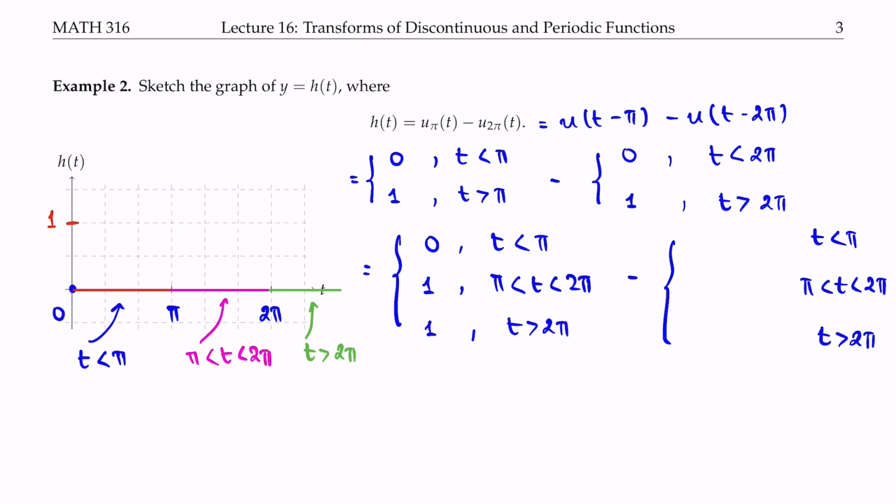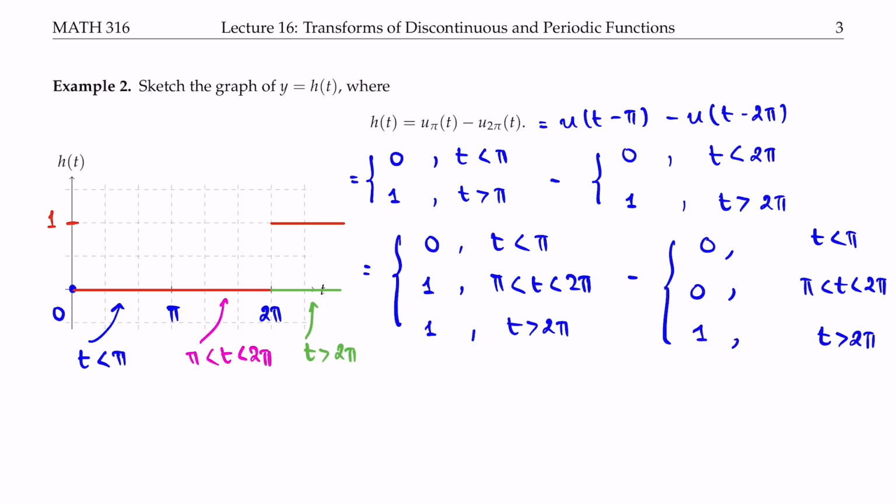When t is less than pi, the function is 0. In the interval between pi and 2 pi, the function is also equal to 0. And when t is greater than 2 pi, the function is equal to 1. Okay, so that's why you have 1 here.